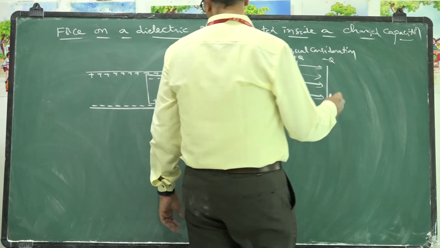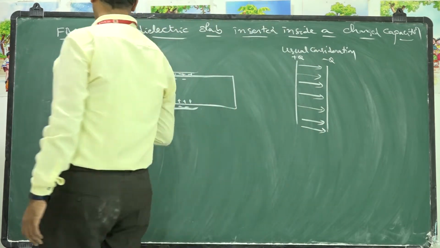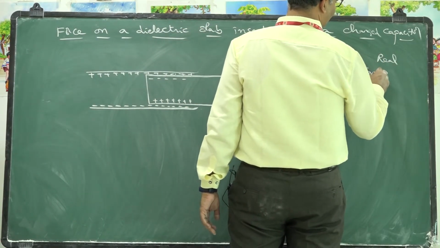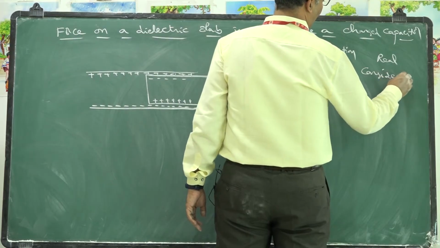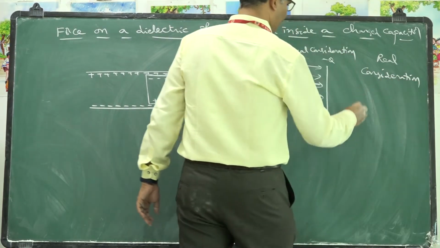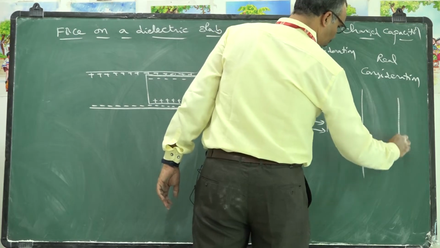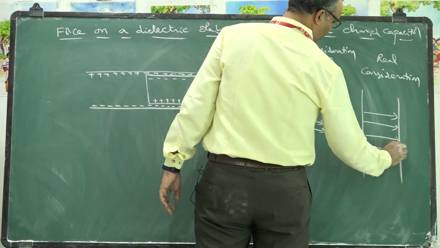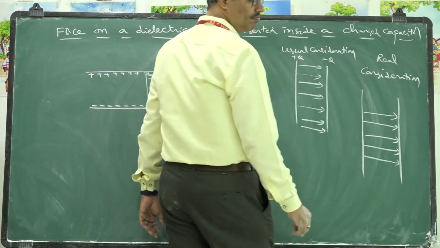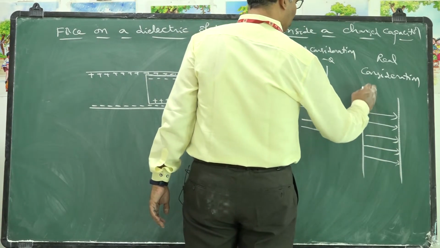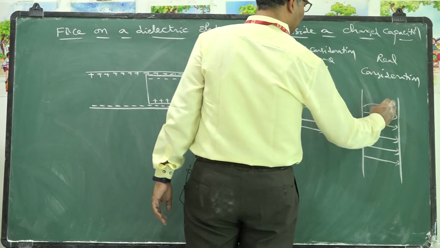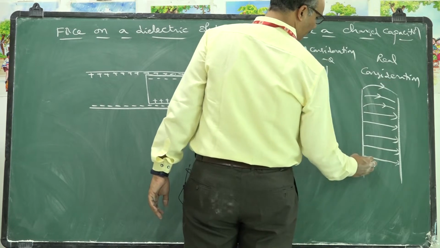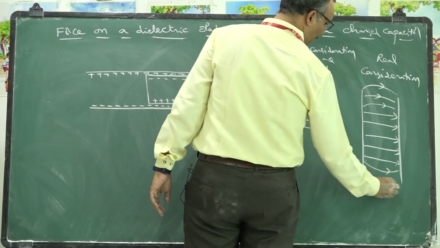But in real situation, the lines of force are parallel to each other inside this capacitor like this, but as you are coming to the edges, they will get some curved shaped nature.